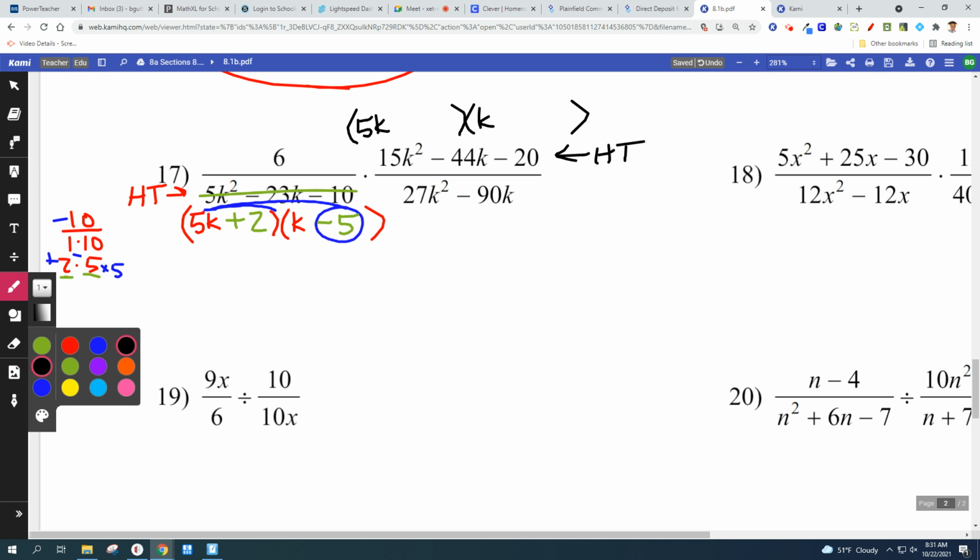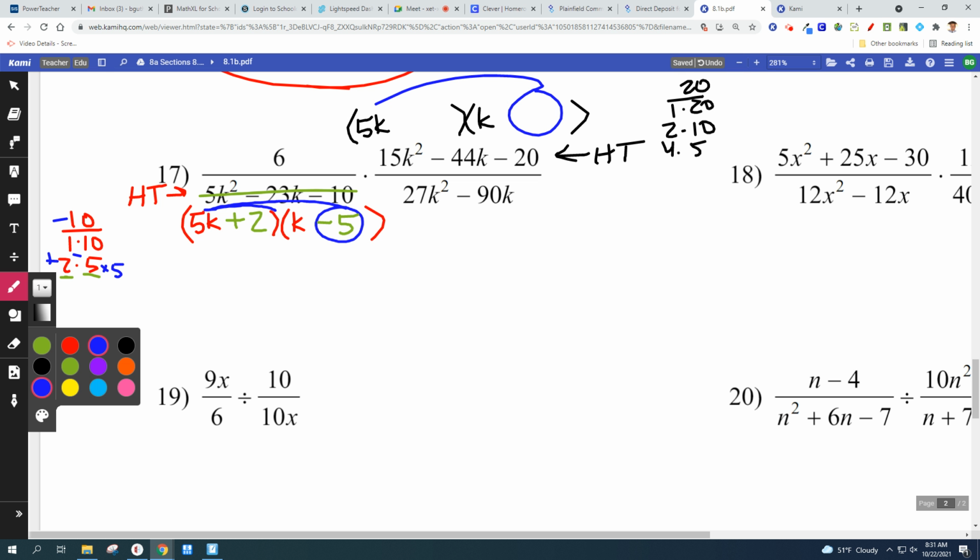In fact, I bet it's going to be 5k plus 2. But let's just see. We need numbers that multiply to 20. And they're not going to make 44 unless you multiply one of them by 5. This number over here is getting multiplied by 5.